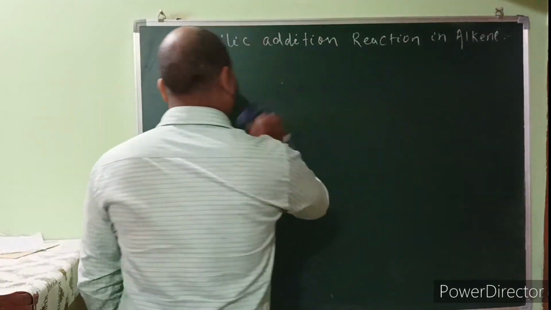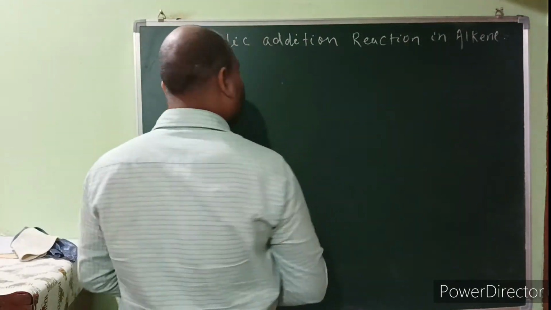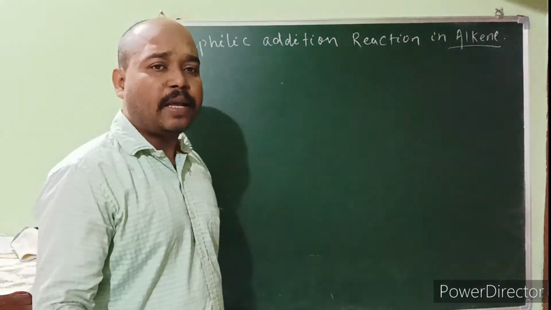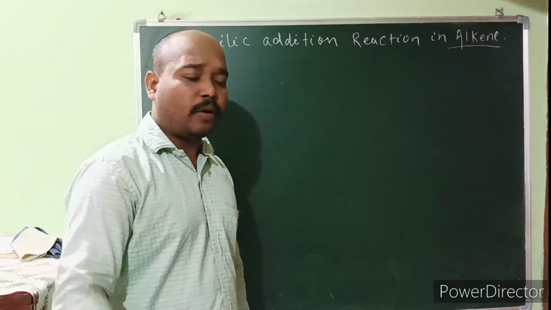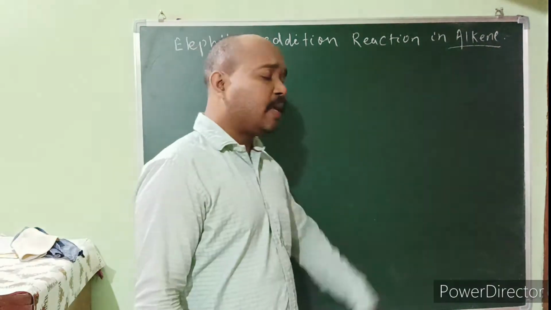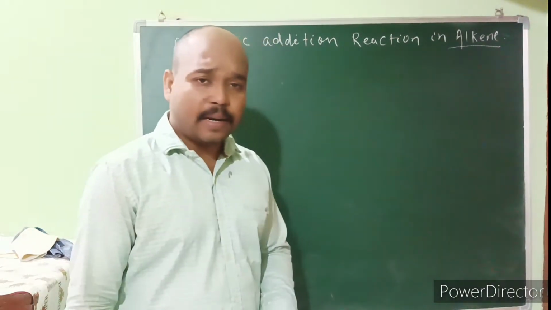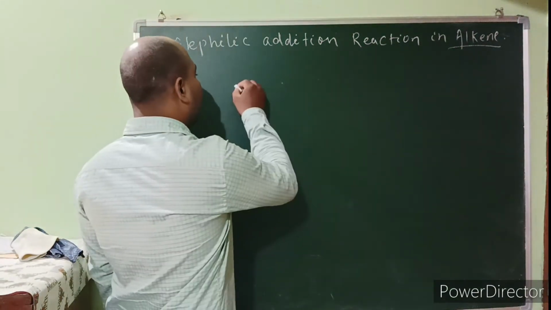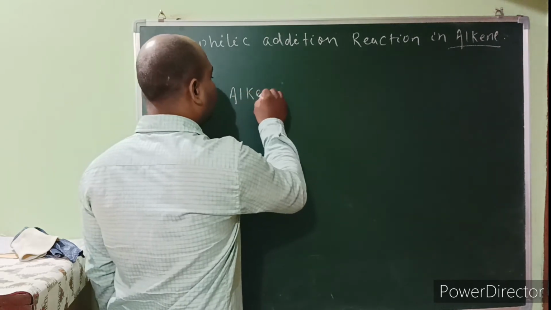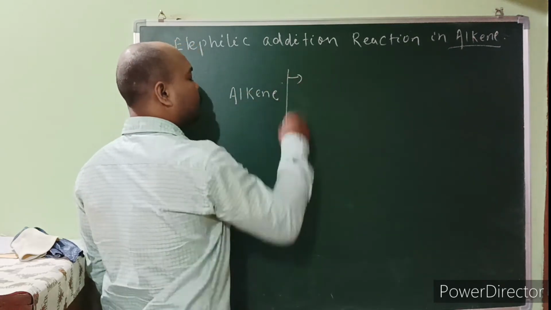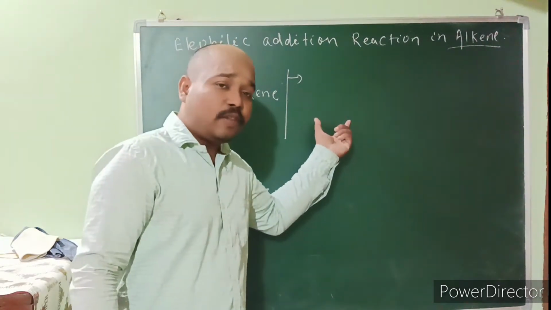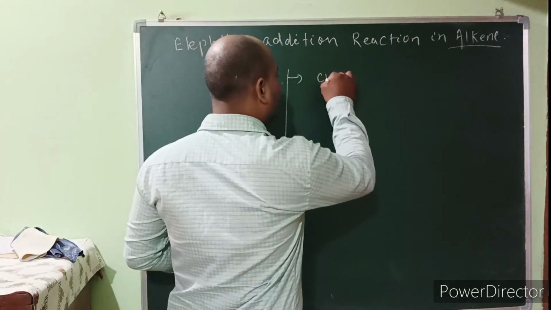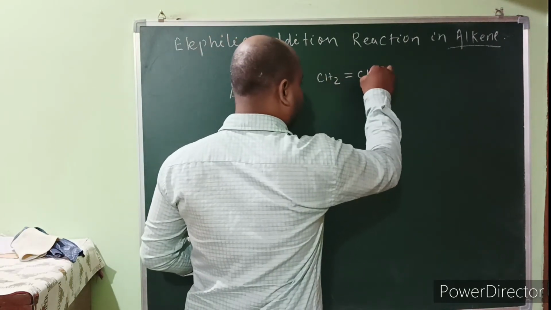Now, when I talk about alkenes, they are hydrocarbons containing a multiple bond, a double bond, and they may be symmetrical or unsymmetrical. If each side of the double bond contains an equal number of carbon atoms, then it is called symmetrical.